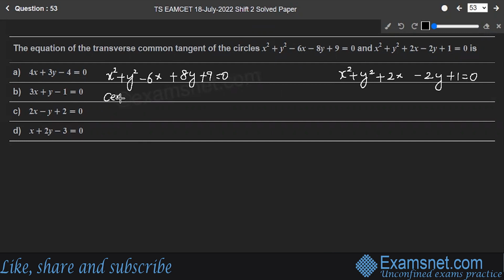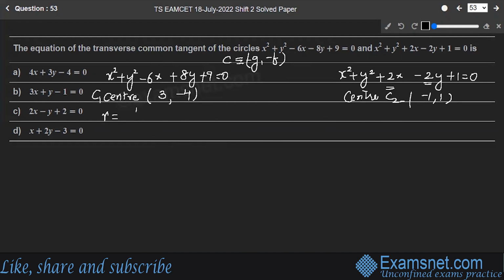In this, the center is given by minus g, minus f, where g is half the coefficient of x and f is half the coefficient of y. So for the first, minus half the coefficient of x, 3, minus half the coefficient of y, minus 4. Let this center be C1 and the other be C2, which is equal to minus 1, comma 1.